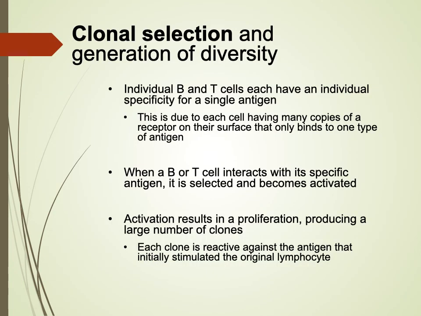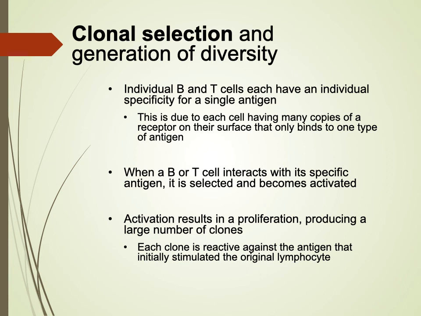Built into this response, we have a process known as clonal selection. Clonal selection allows for a number of different individual B and T cells to be developed, but then an individual clone, a single cell, the best cell, actually gets selected for and expanded.